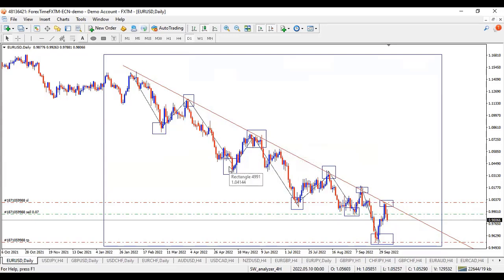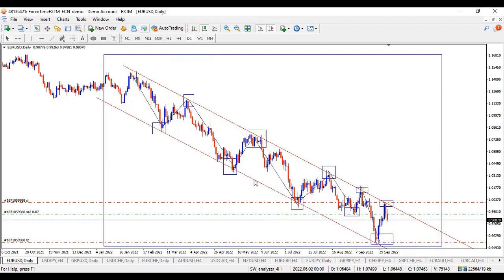Remember, a channel is made up of two parallel trend lines. So when you're drawing a channel, you just double click on this trend line and these small squares will come on. Press your control key on your keyboard and then long click on the channel without letting go, and then you can drag as you're still left clicking.